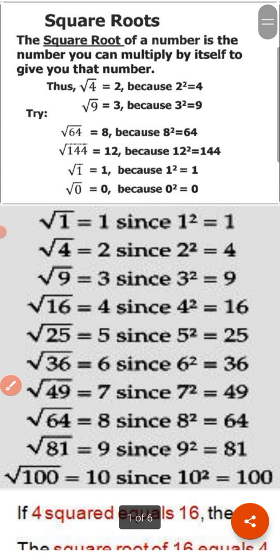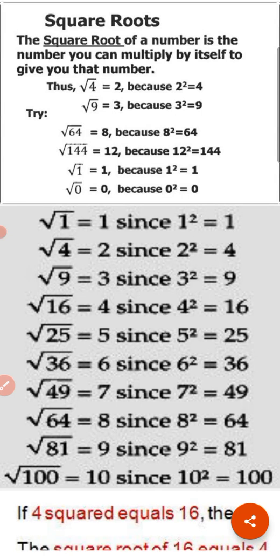So children, the square root of a number is a number we can multiply by itself to give us that number. That is, square root of 4 is 2, because when we multiply 2 by itself, we will get 4.